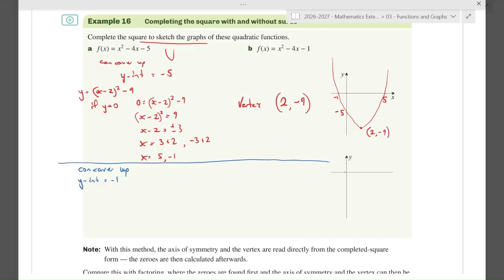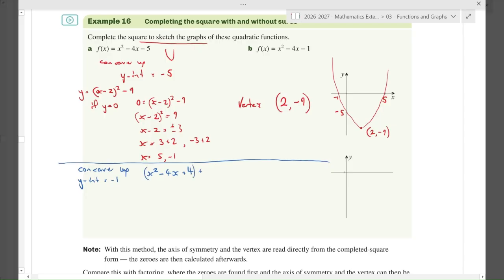Complete the square. Okay, so let's complete the square. So we've got x squared minus 4x. Now, when we're completing the square, you should be able to look at that and go, minus 4x, what do I have to put to complete the square? Halve it and square it. Plus 4. So we halve it and you get minus 2 squared, 4. So that gives us our square.